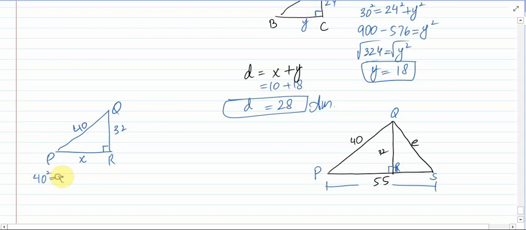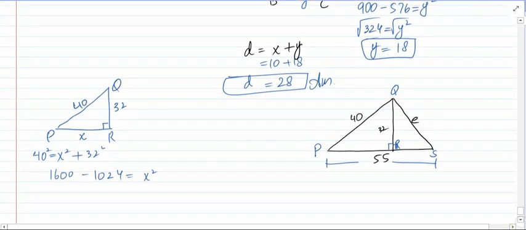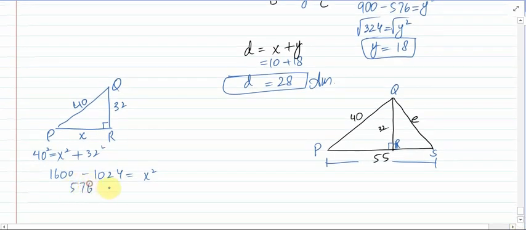It will be 40 square is equal to x square plus 32 square, right? 40 square is 1600, 32 square is 1024, is equal to x square. So 1600 minus 1024 is 576. Root on both sides, so x is 24, right?